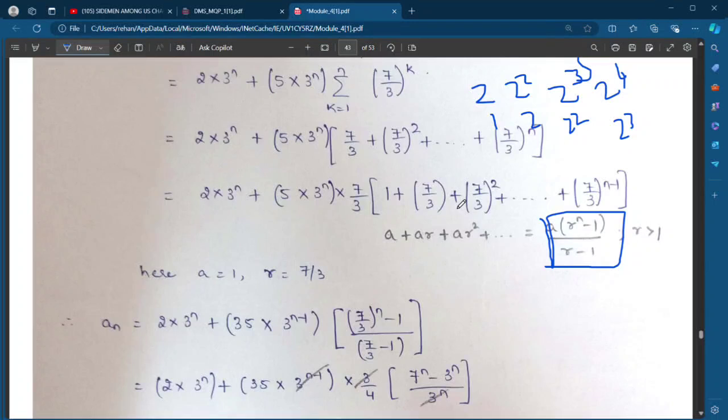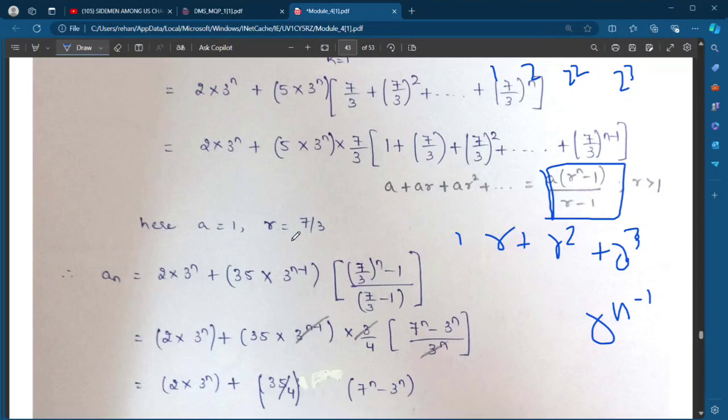It's not required that a should be there. If you say r plus r square plus r cube, and so on up to r power n minus 1, then I can write it as r power n minus 1 divided by r minus 1. So here a is equal to 1 and r is equal to 7 by 3.